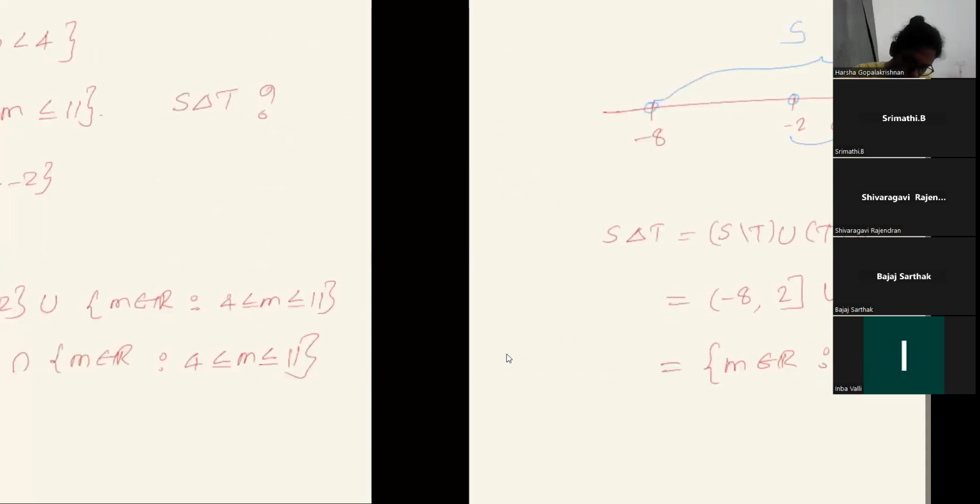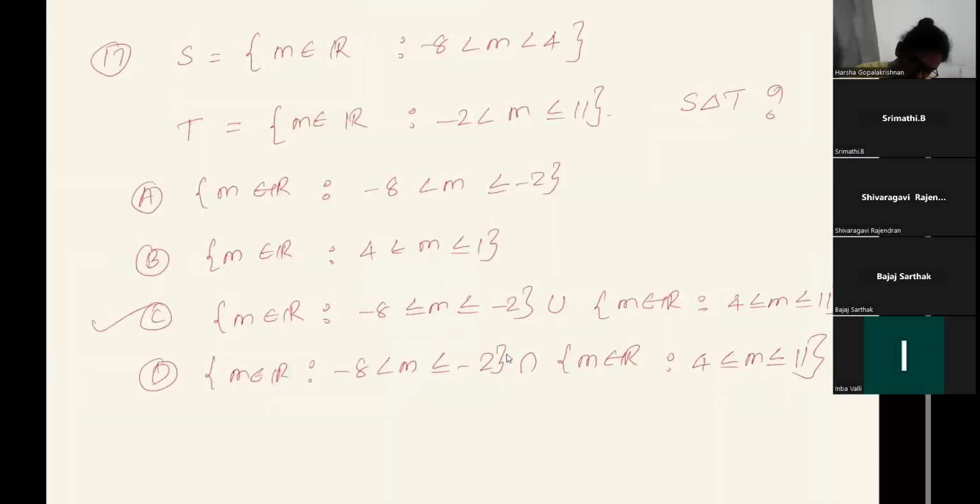Yes, ma'am. Okay, let me rewrite this: -8 less than M less than or equal to -2, and 4 to 11. Now is it okay? Everything fine, right? Anyone has doubt? No. Okay.